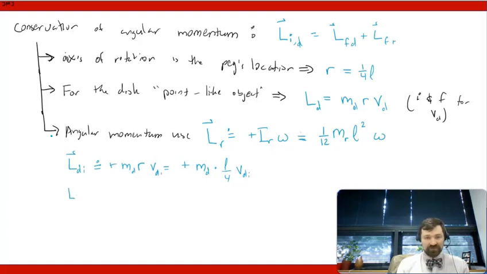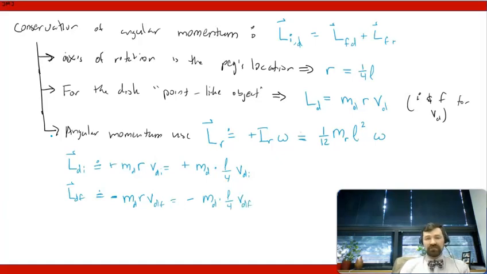The angular momentum final for the disk, since it is moving in the opposite direction, becomes negative mass of disk r v disk final. So that is negative mass of disk times L/4 times v disk final.